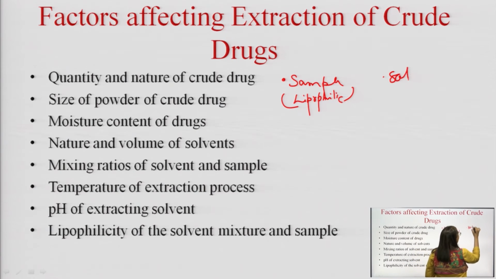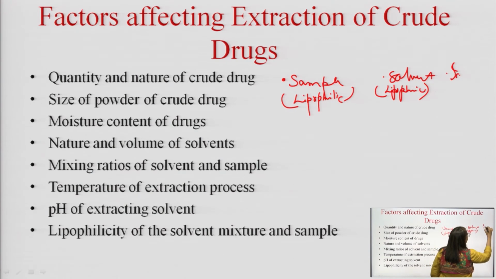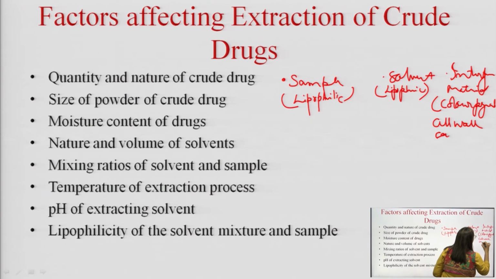Then we have the solvent, which itself is lipophilic, okay, and there are certain interfering materials like the coloring pigments and sometimes some cell wall contents, suberins, waxes, some higher proteins which are easily dissolvable in the lipid loving solvents.